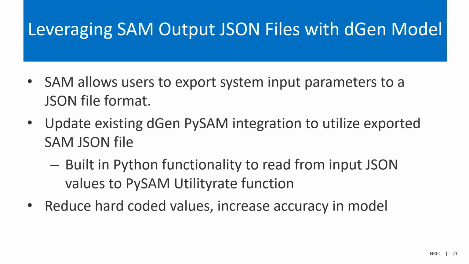From there, we are leveraging the built-in Python functionality for reading the JSON files, and then utilizing those parameters and putting them into our PySAM functionality that we already use. The overall benefit of this is that it will reduce our hard-coded values while also increasing the model accuracy when we are running these scenarios.